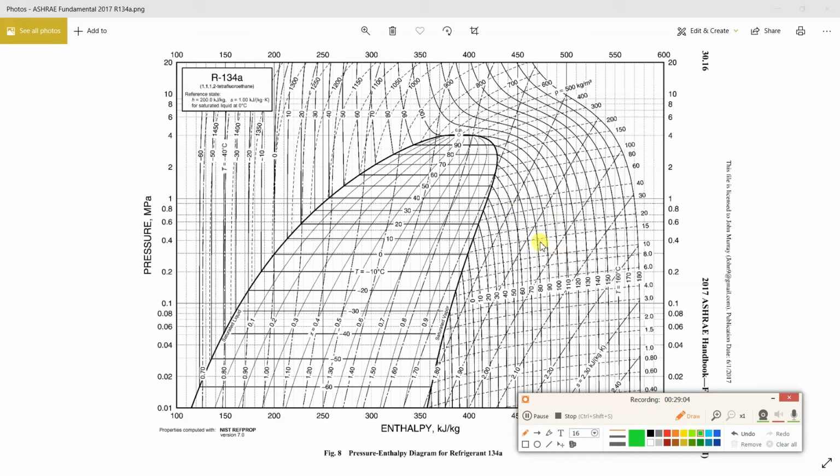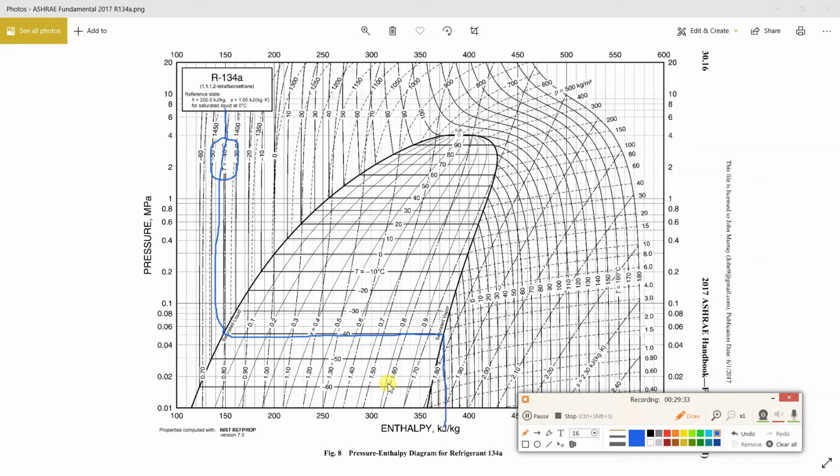Now if you observe the constant pressure lines, they will be horizontal because the y-axis is pressure. And if you want to see the temperatures, just observe the temperature given here with its unit. Temperature is minus 40 degrees Celsius. In the subcooled liquid region this line is vertical, then it becomes horizontal in the vapor dome, and then curves like this.